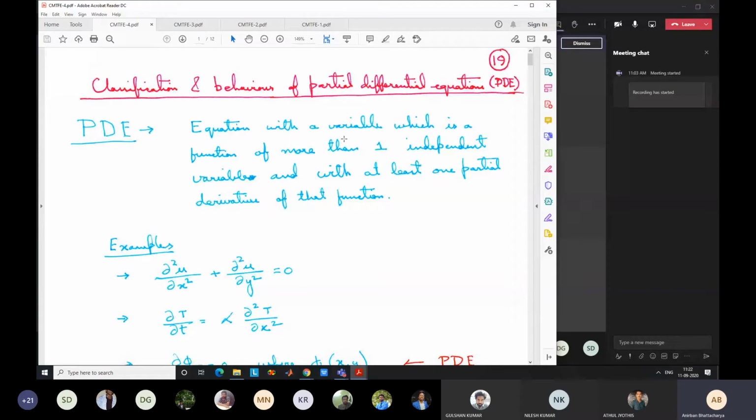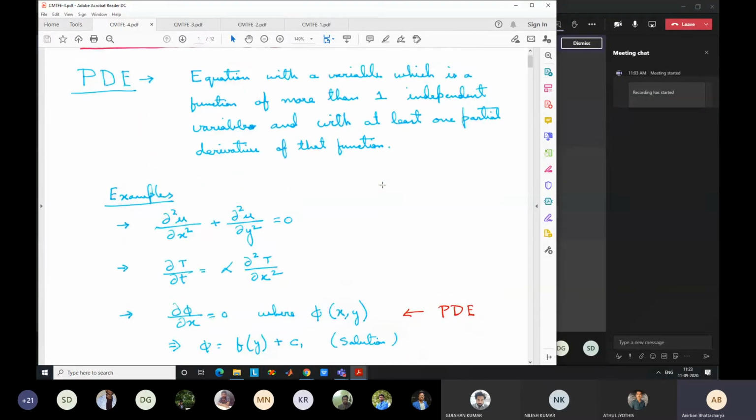So a variable which is a function of more than one independent variable, and the equation also contains at least one partial derivative of that function. It can contain other terms, but at least one partial derivative of the function should be there. So this is the definition of a PDE.